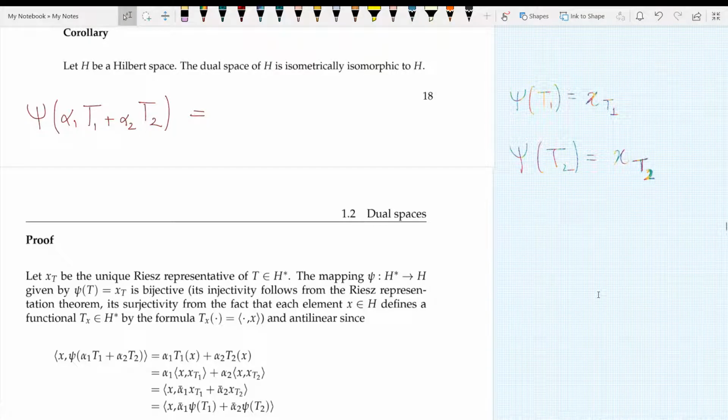So hello guys, in this proof we're going to see why Hilbert spaces and the dual of Hilbert spaces are isometrically isomorphic to each other.